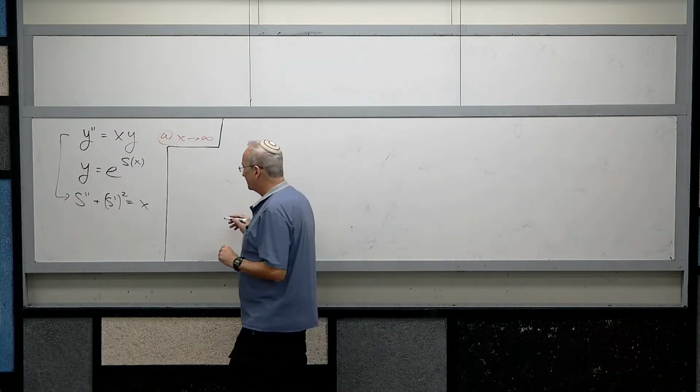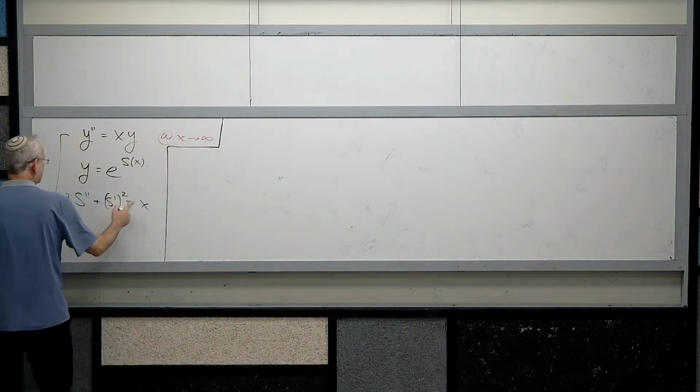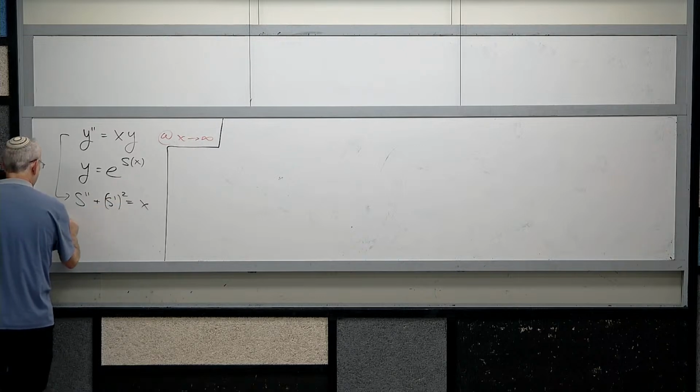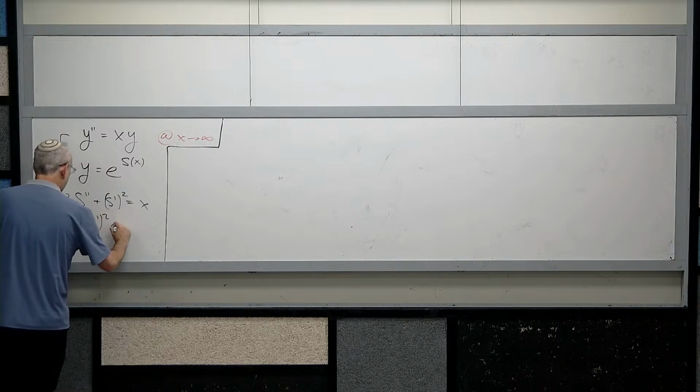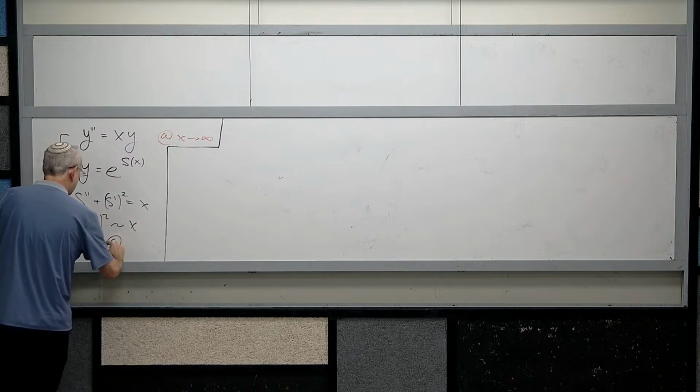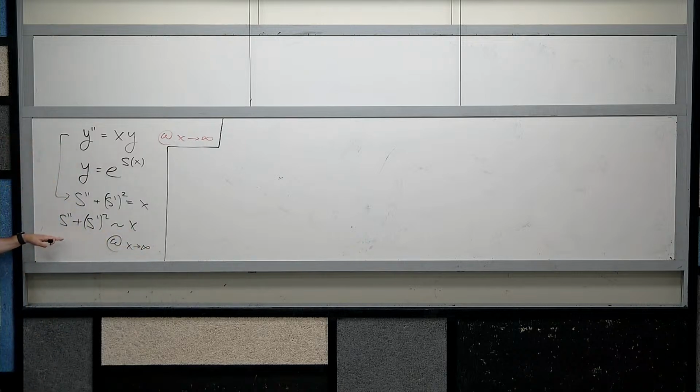The point is that now we replace the equal sign by s double prime plus s prime squared is asymptotic to x as x goes to infinity, and now we are in a much better shape.